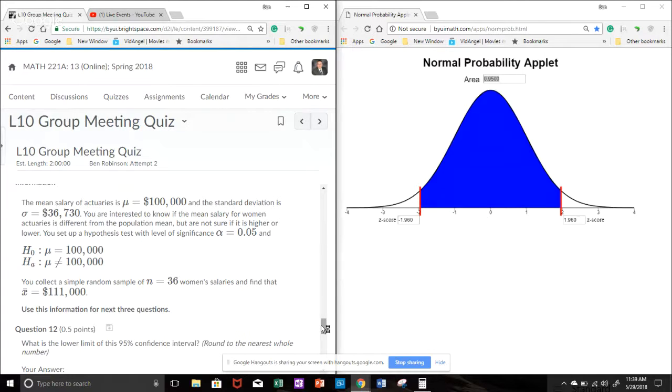No. It's because you subtracted it from 100,000 instead of from our sample mean. Oh, you need to do it from our sample size. Yes, I got it, sorry. Let's see. Subtracted.